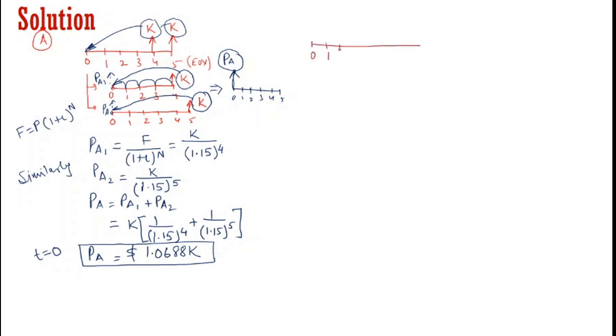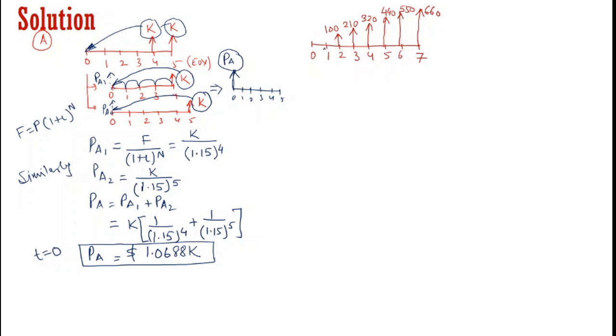0, 1, 2, 3, 4, 5, 6, 7. If I draw it, the first transaction is 100 here, then 210, then 320, then 440, then 550, and then 660.